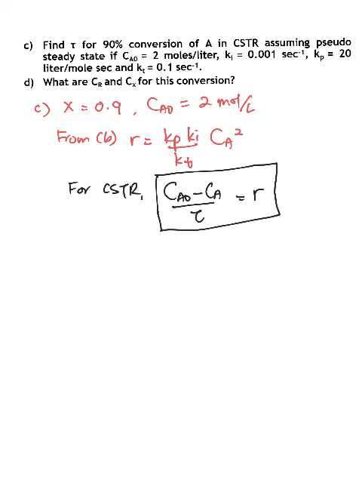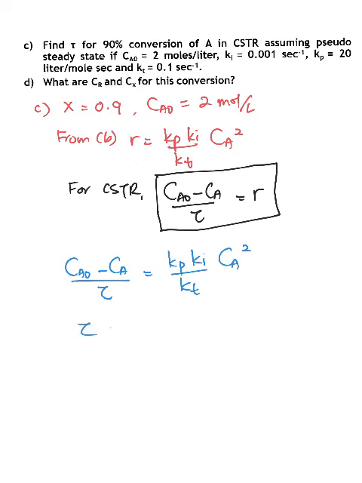So CA naught minus CA per tau equals KP KI per KT CA square. Just rearrange the equation so we can determine the residence time.